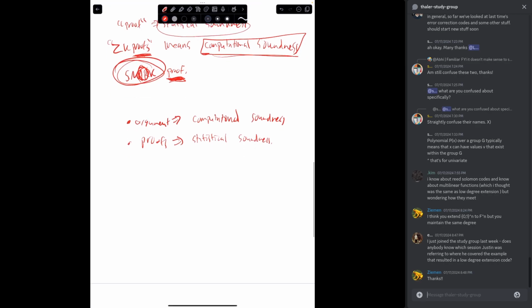Just as another example, to make sure this is coming across clearly. There are really important proofs.